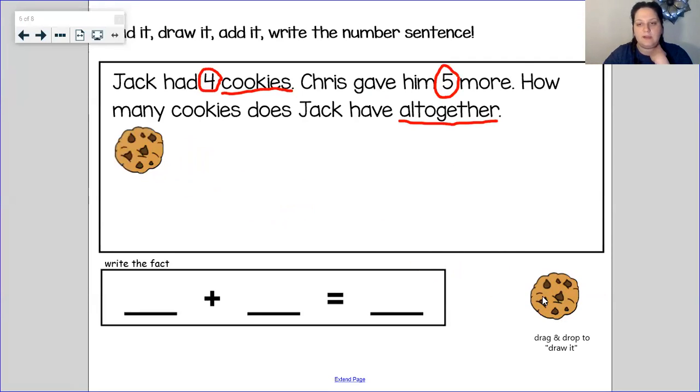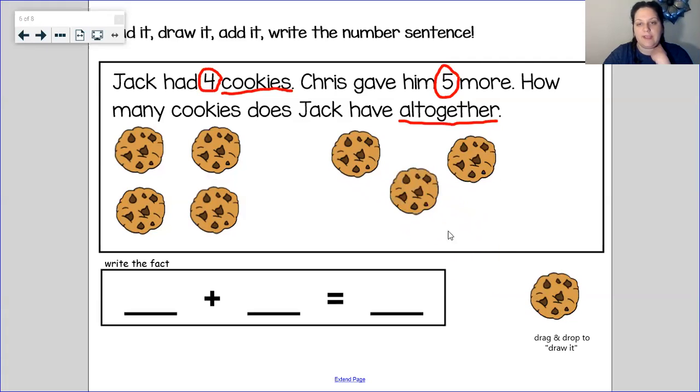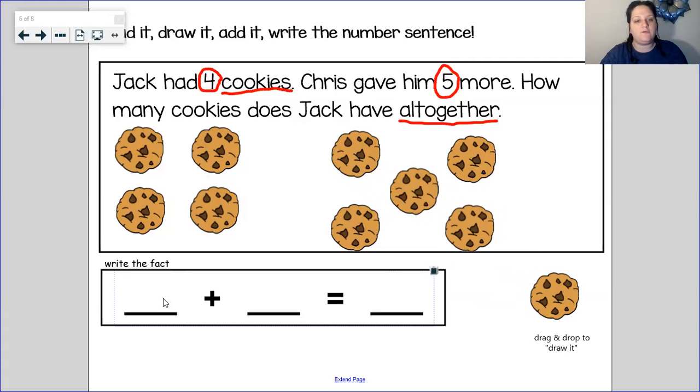1, 2, 3, 4. And then Chris gave Jack 5 more cookies. So now we're going to count out 5 cookies. 1, 2, 3, 4, 5. All right, so we started with 4 cookies over here. So we're going to write 4.